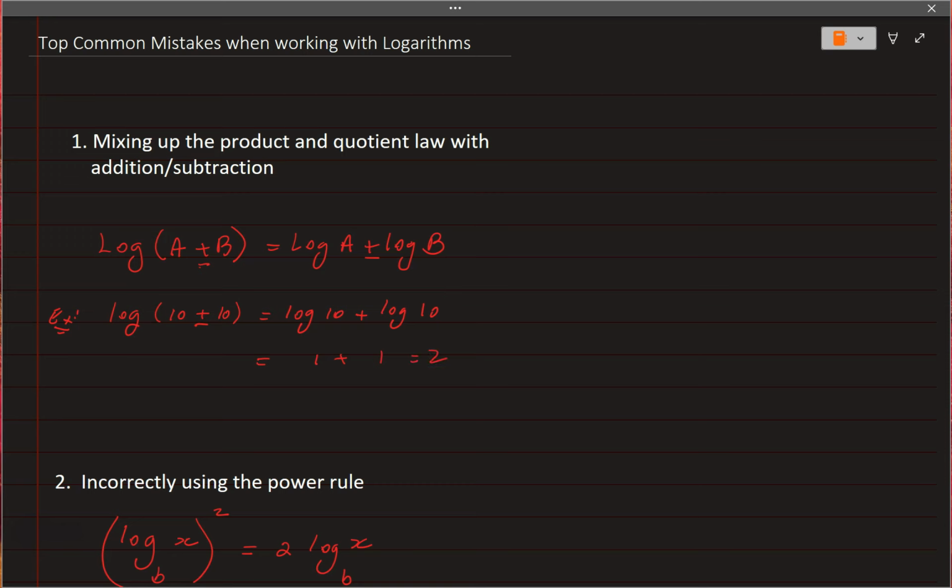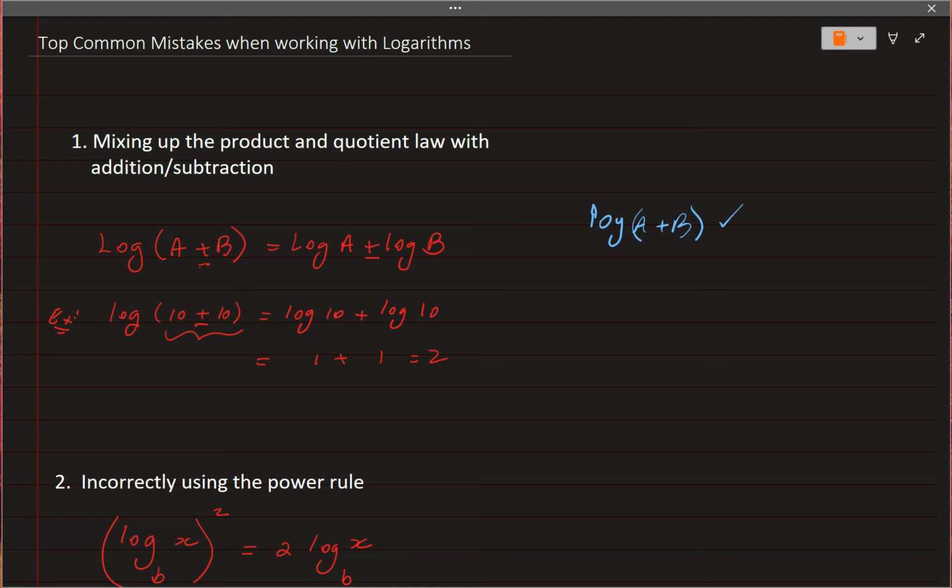But that's not true, because the bracket has to be worked first. So 10 plus 10 has to be worked on first. That would be log of 20. Therefore, that will not be true. So let's fix that the correct way. Log of a plus b is just log of a plus b. You cannot simplify that.